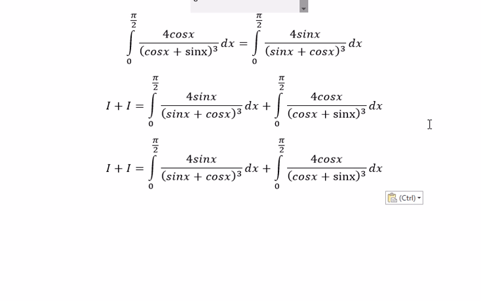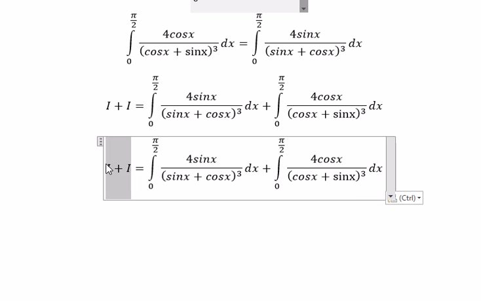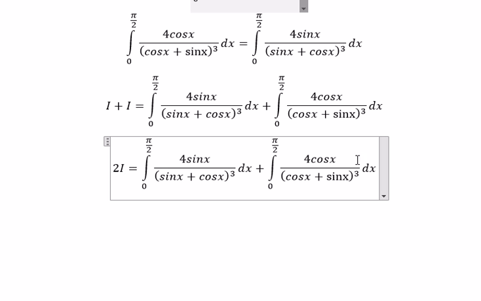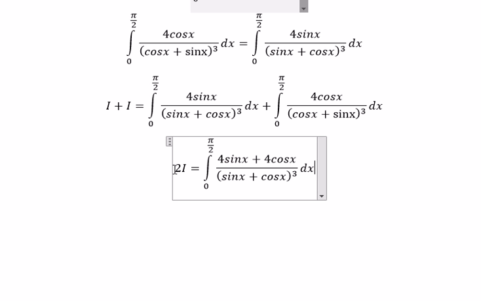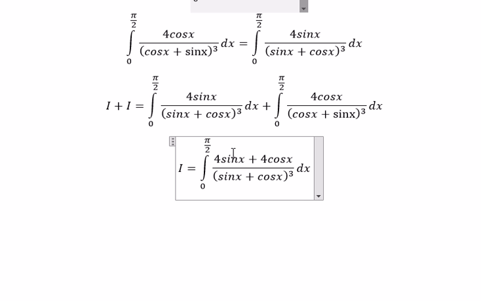So you get 2I in here. And this one plus this one. So we have number 2 and we have number 4. We simplify.